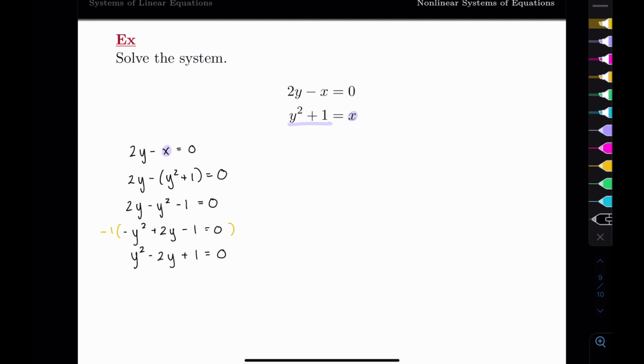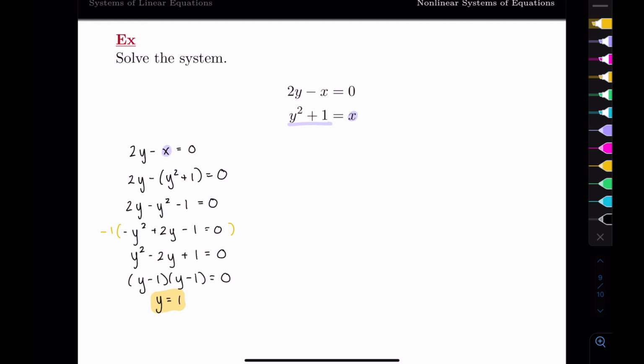So I end up with a quadratic equation that I need to solve. Thankfully for this one, we can factor it really nicely as y minus 1, y minus 1. So we only end up with a single value for y. If it didn't factor so nicely, you might have two different y values, and you would have to find the x corresponding to both of them.